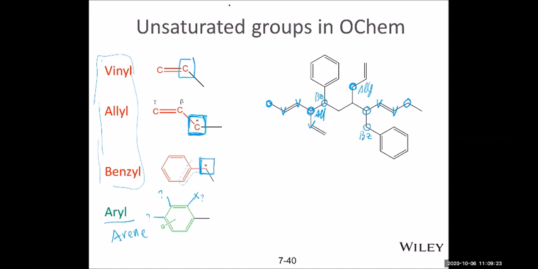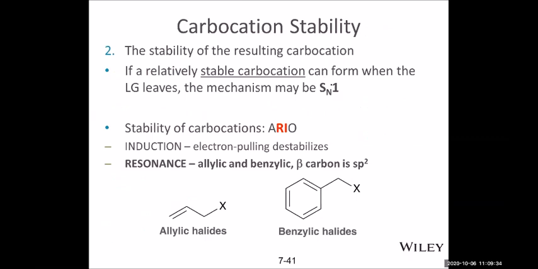If the carbocation is on an allyl carbon or benzyl carbon, it becomes more stabilized. That is because the carbocation formed can be stabilized by resonance. So here's an example. This we call allylic.